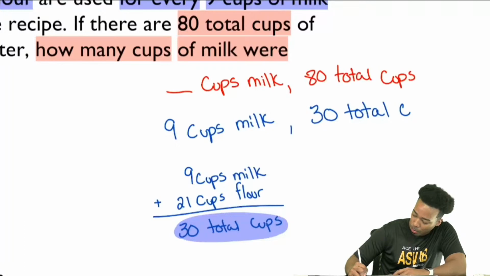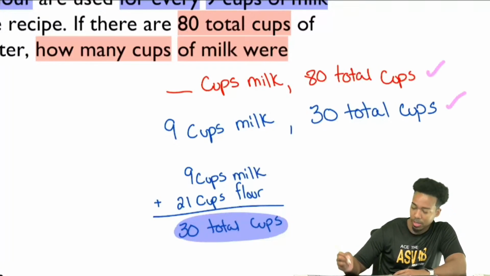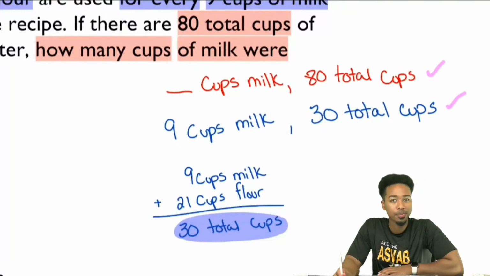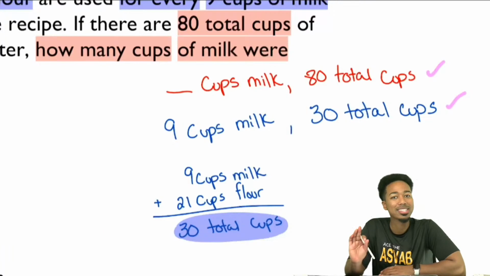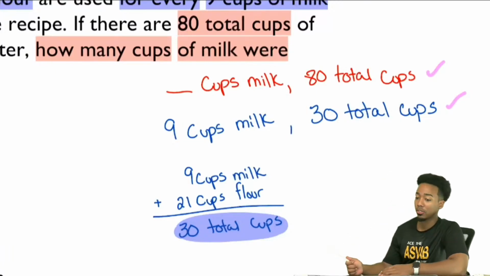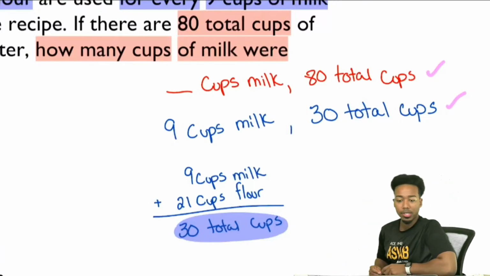Because now we are comparing the same things in the same way. Is that a little better for you? Again, we're still following the same main idea that we started off an hour and a half ago: compare the same things in the same way. Everybody, yes or no in the chat box? Does that make sense?